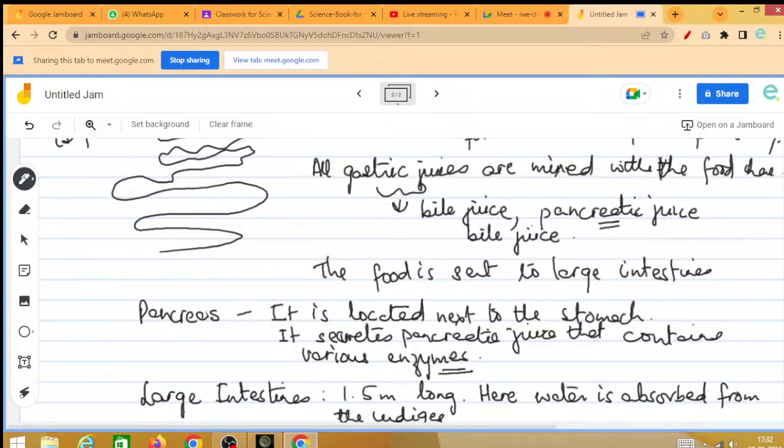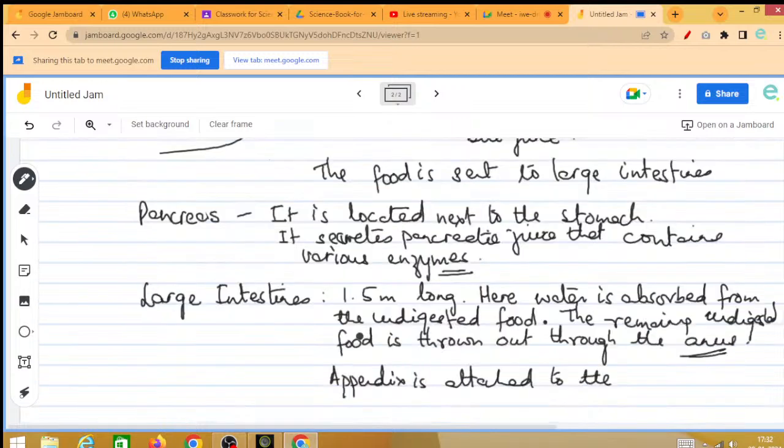And then appendix is attached to the beginning of the large intestines.